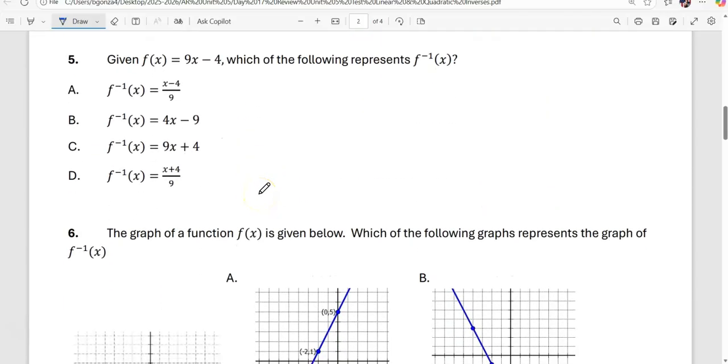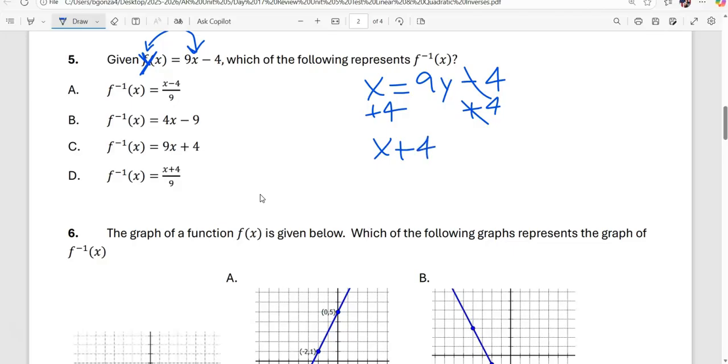Okay. Another one. Inverse. So if this is y, and we switch x and y, x equals 9y minus 4. To solve for y, get rid of the loner first. The opposite of minus 4 is plus 4. x plus 4 equals 9y.